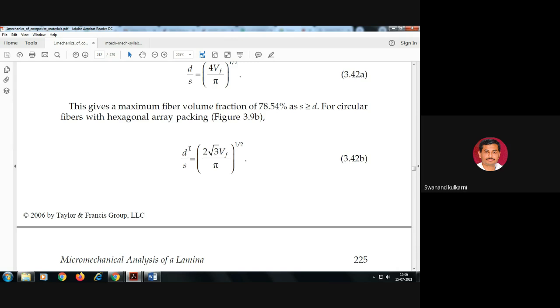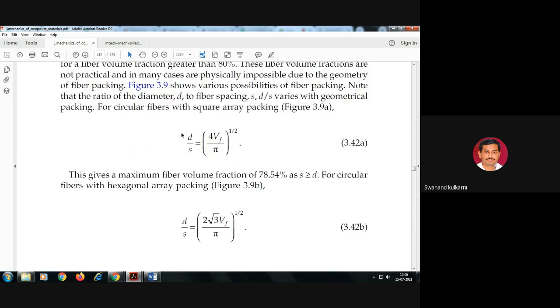So, circular fibers with hexagonal array and circular fibers with square array. These two differences we can understand here with equation 3.42a and equation 3.42b.